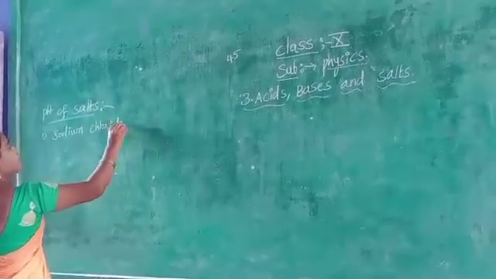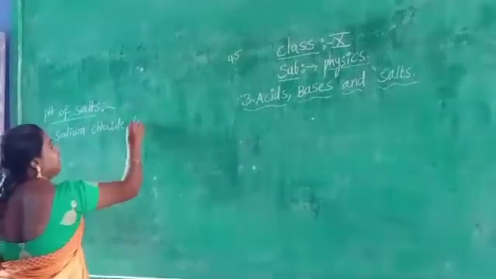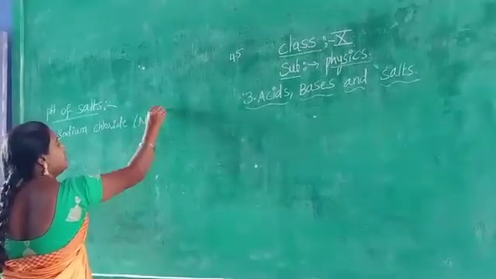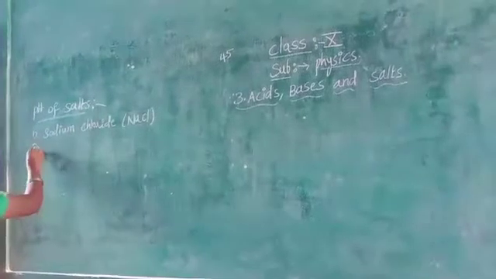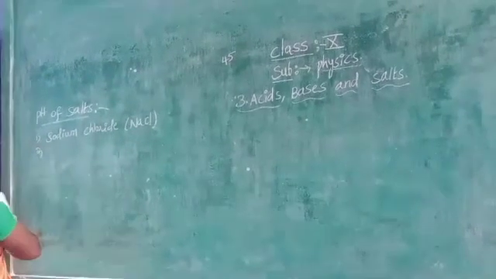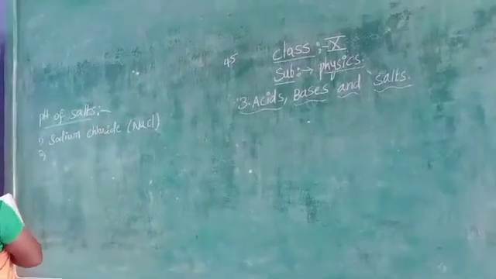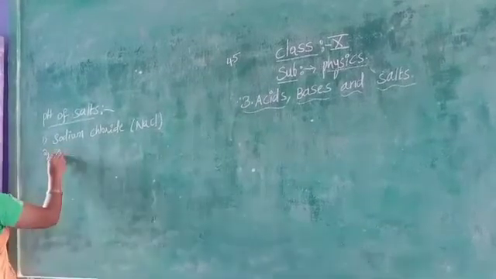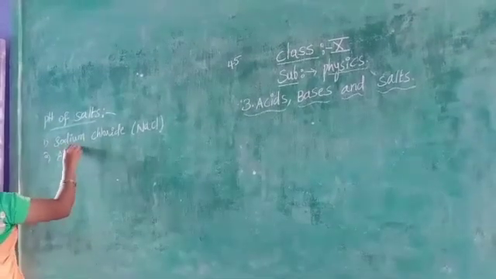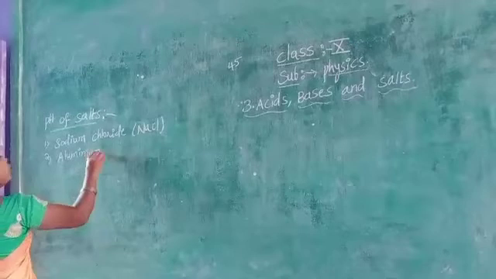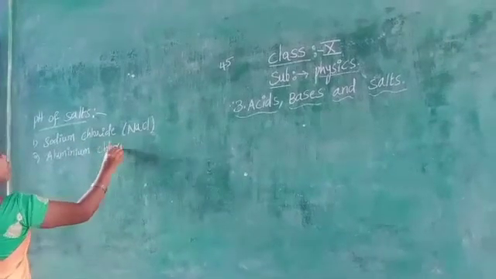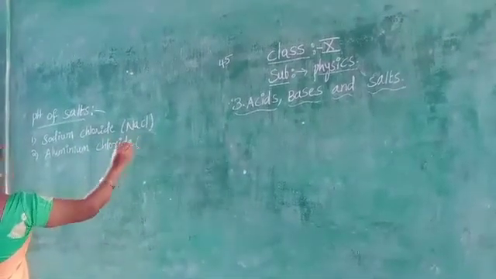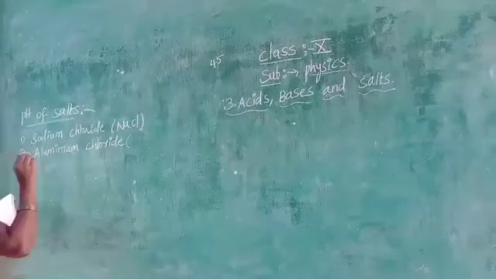What is the formula of sodium chloride? NaCl. The second chemical is aluminium chloride. What is the formula of aluminium chloride?